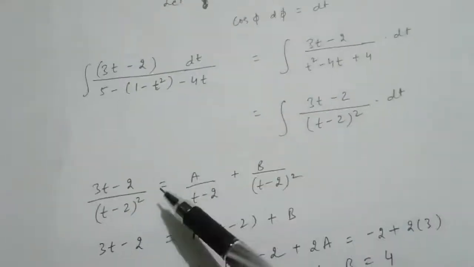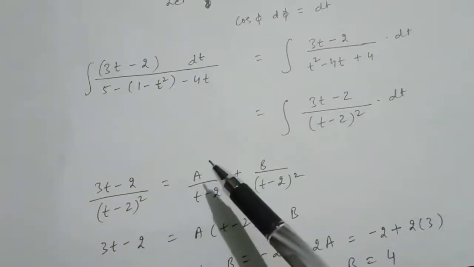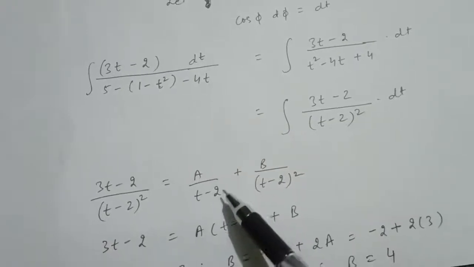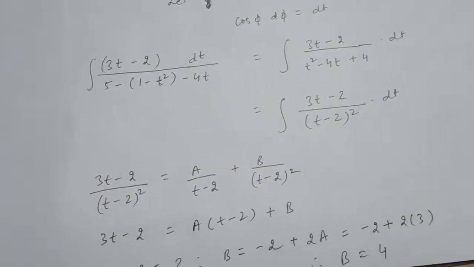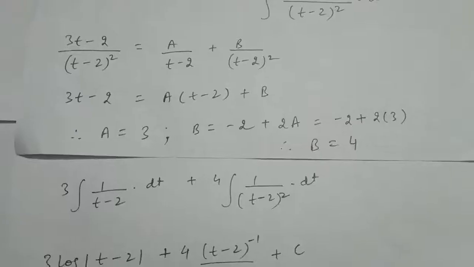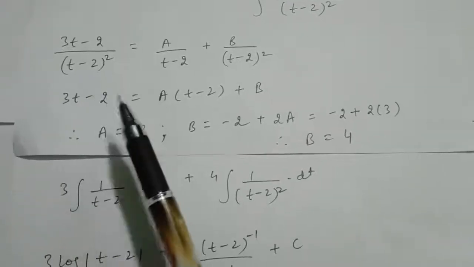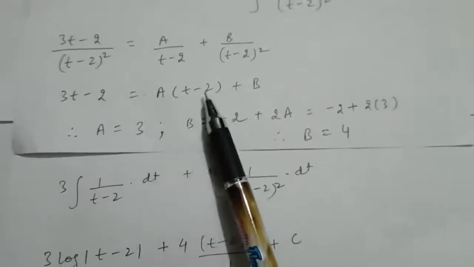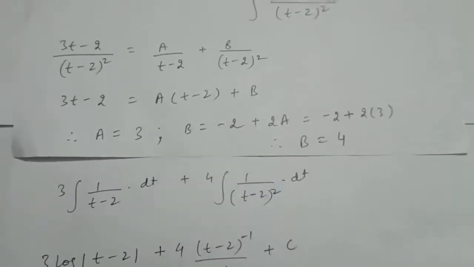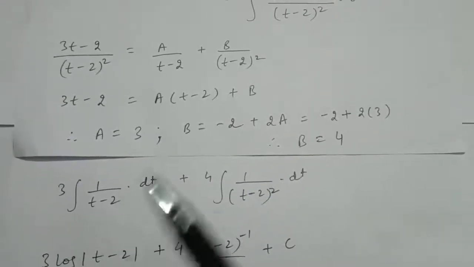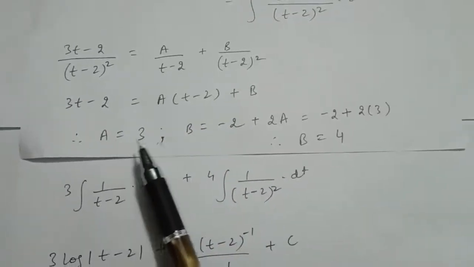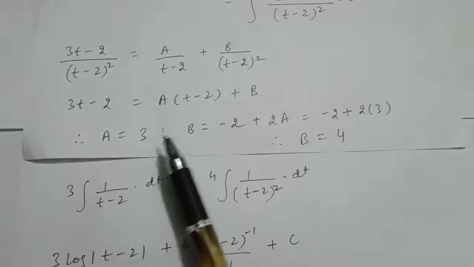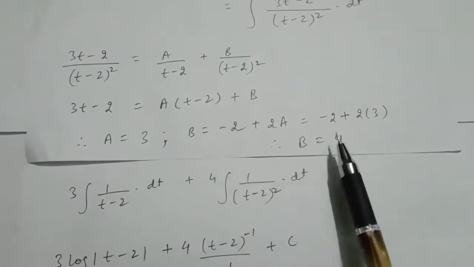So this can be written, according to the partial fraction, as a upon t minus 2 plus b upon t minus 2 whole square. Now take the LCM. So you will get 3t minus 2 equal to a into t minus 2 plus b. Now solve by comparing the coefficients. So you will get a equal to 3 and b equal to 4.